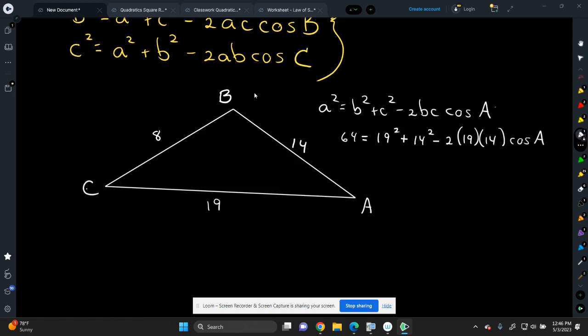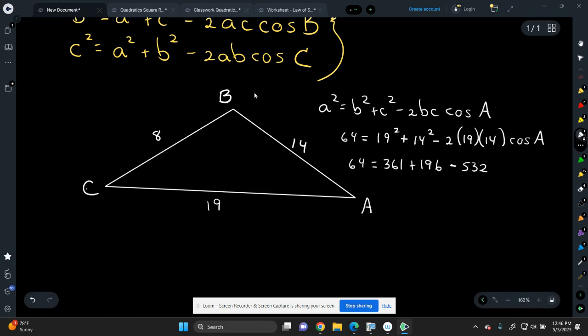Follow your order of operations. So I'm working with the exponents. 64, 19 squared is 361, plus 14 squared, which is 196, minus 2 times 19 times 14, which is 532, times the cosine of A.